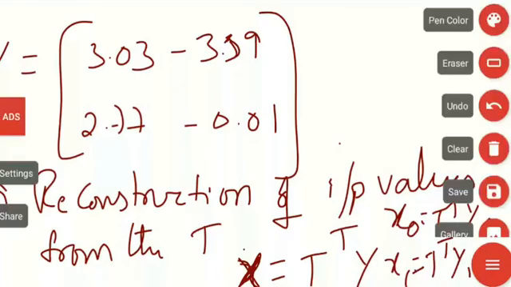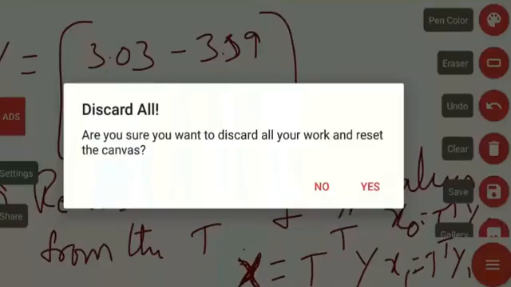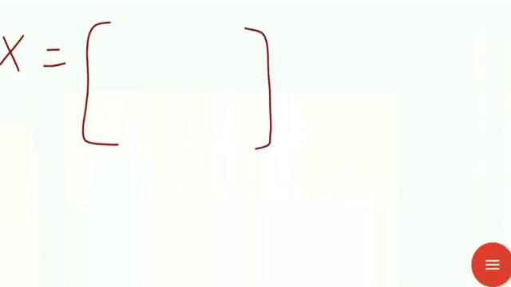After getting x naught and x1, x is almost equal to 4 minus 2, minus 1 3.